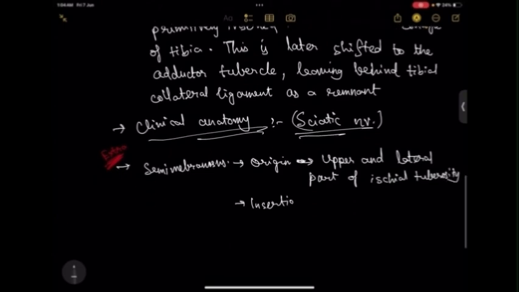Insertion you may write. These are just one line details you may give. It's inserted in the horizontal groove on the posterior surface of the medial condyle of tibia. You don't need to write excess. If you read in the book, they will say the horizontal groove goes deep to the tibial collateral ligament. So much you don't need to write.